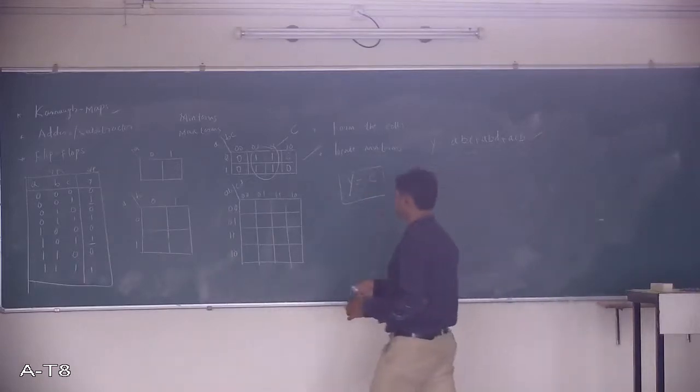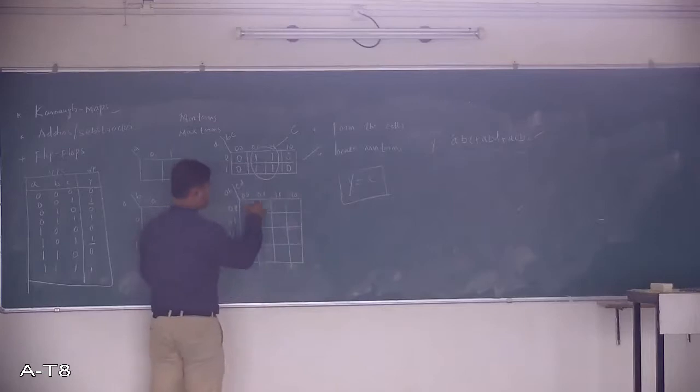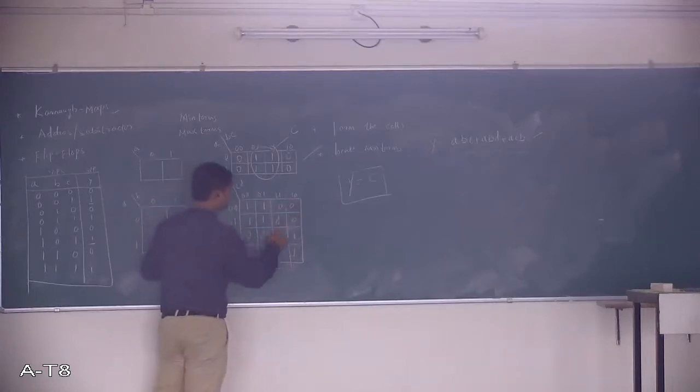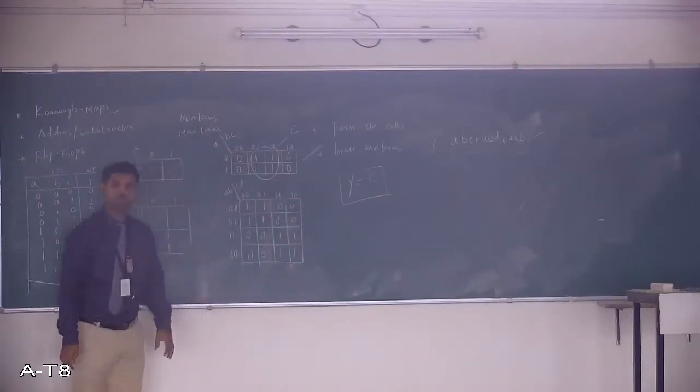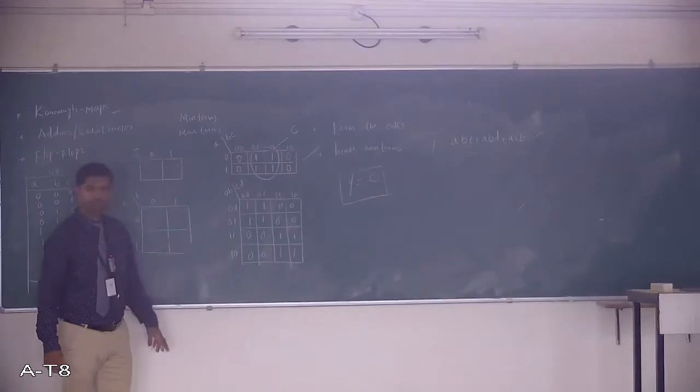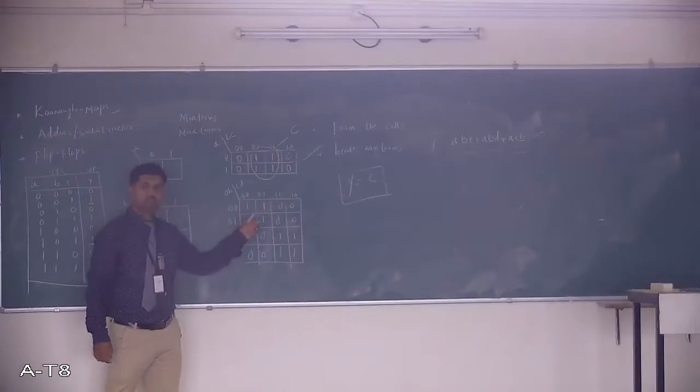Suppose for 4 cells, if these are the cells, if they are all zeros, how to do the grouping? Grouping should always be with respect to 1. Some cells are logic 1 here, and are the cells adjacent? Yes, they are all side by side.